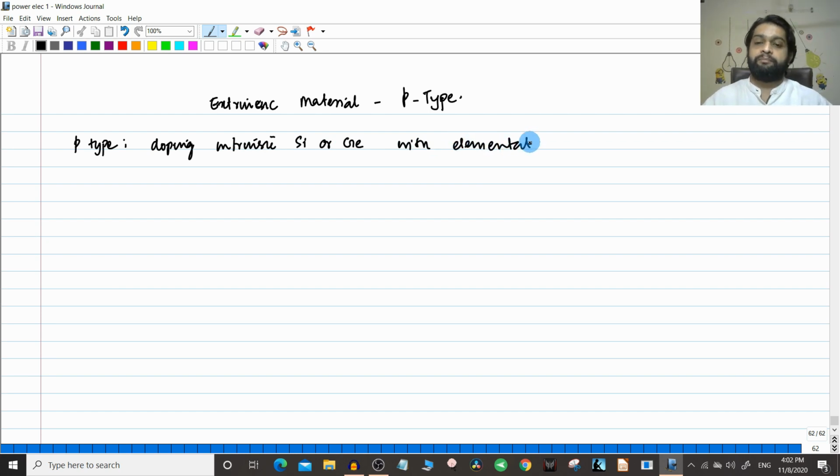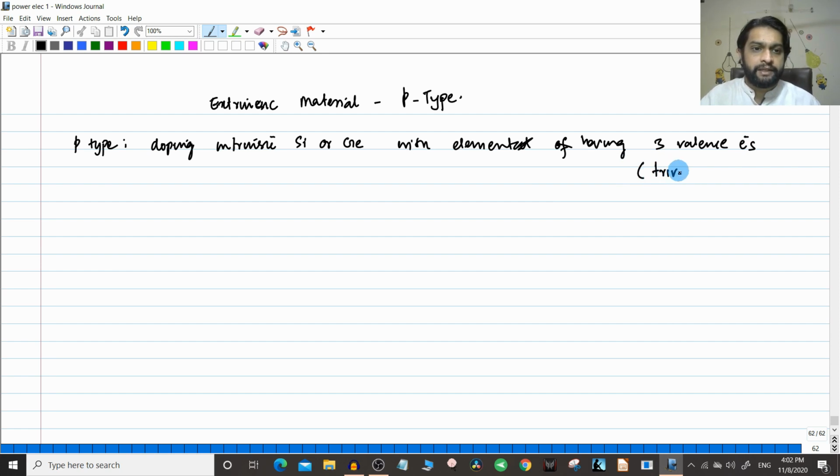It was pentavalent impurities. Here you are doping the intrinsic silicon or germanium with elements having 3 valence electrons. For n-type it was 5 valence electrons. Such impurities are called trivalent because they have 3 electrons in their valence orbit.